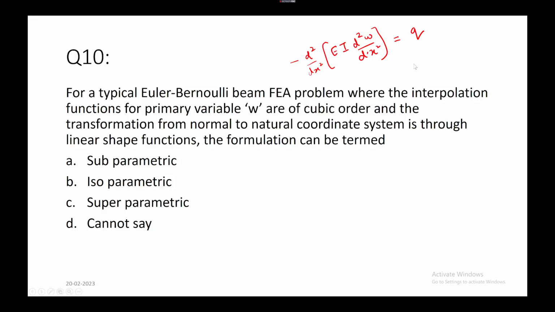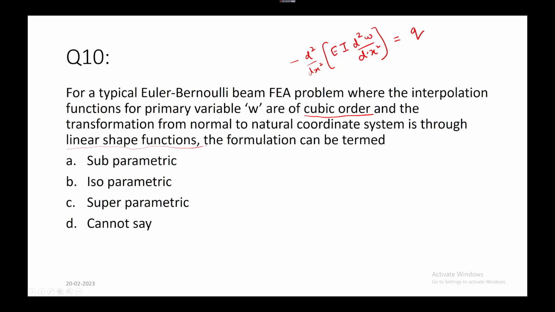The primary variable is w, the deflection. Something like this you might have seen for the Euler-Bernoulli beam. The interpolation functions for the primary variable are given to be cubic order, and the transformation from the normal to the natural coordinate system is through linear shape functions.